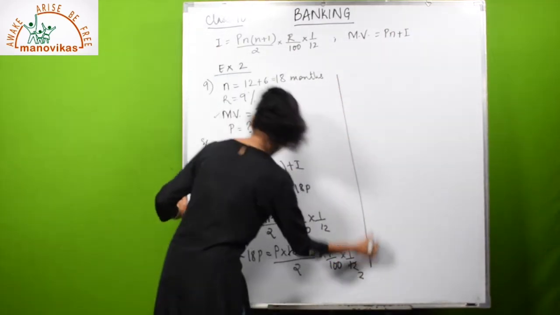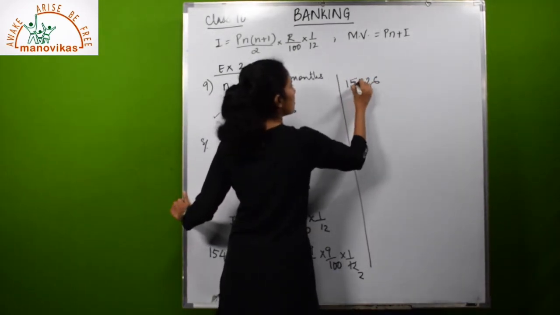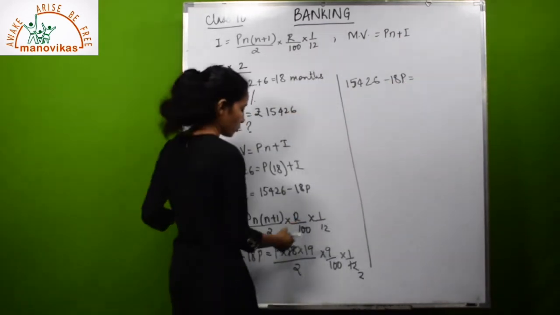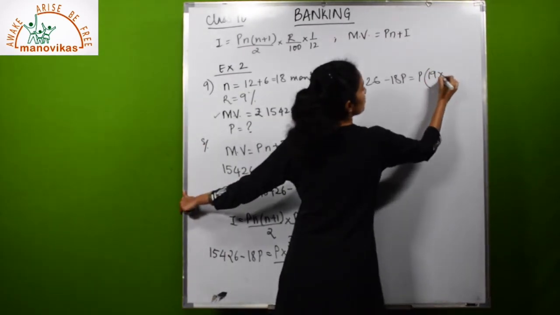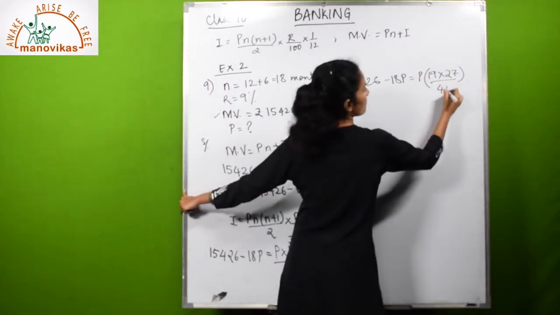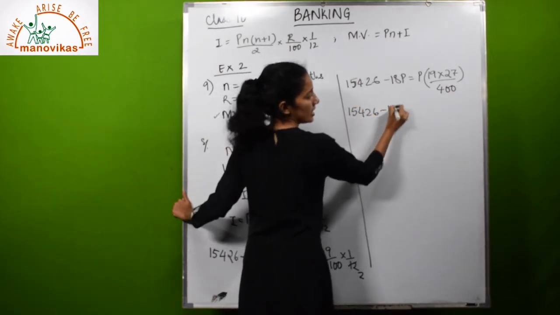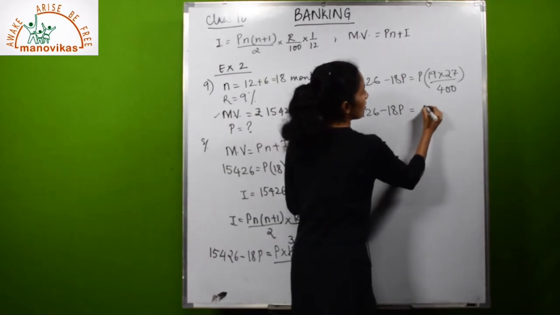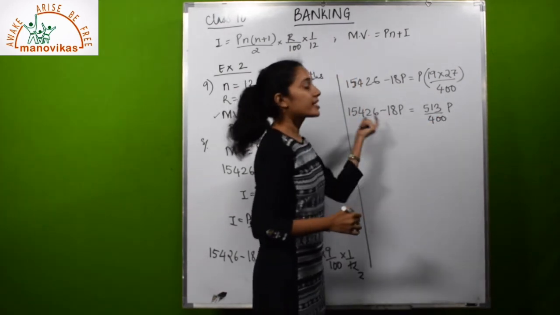So I have 15426 minus 18P, and this will be equal to P into 19 into 27 divided by 400, which is 15426 minus 18P equal to 513 divided by 400 P.